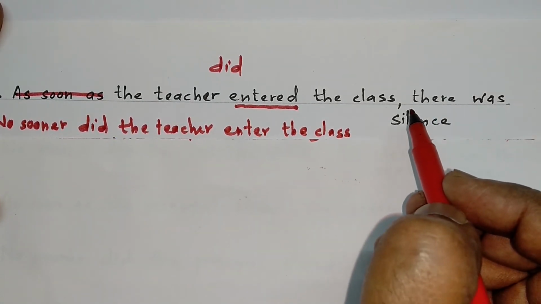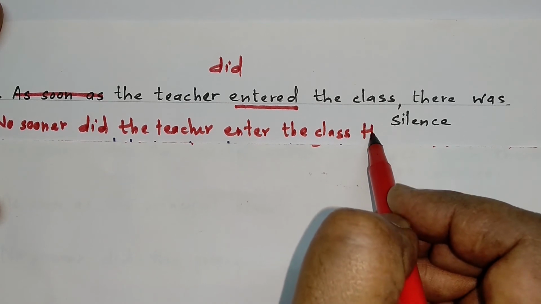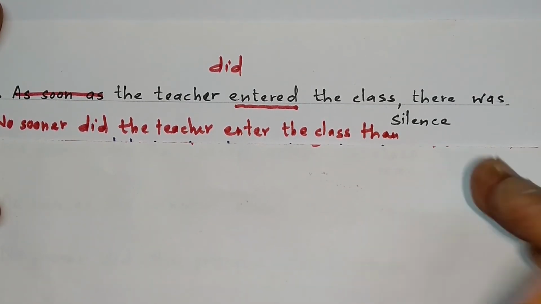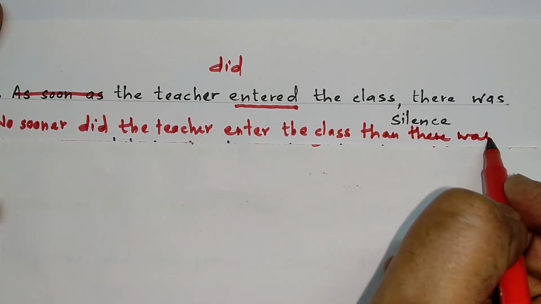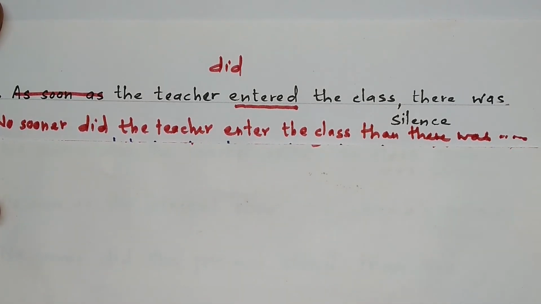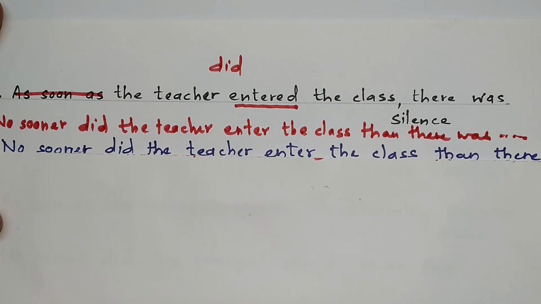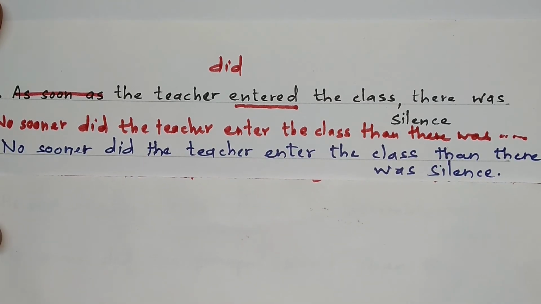Replace comma with than. And the other part of the sentence we have to copy the same, no change. That is, there was silence will remain the same. So our answer is no sooner did the teacher enter the class than there was silence.